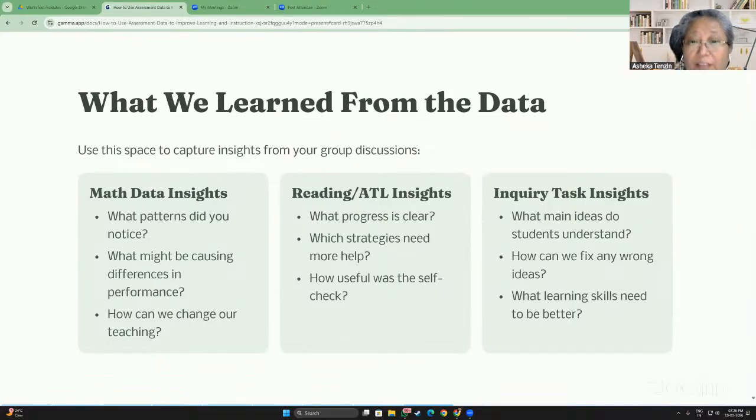If we don't have anyone for math, it is fine. Room 2 will be English. And room 3 will be inquiry projects.